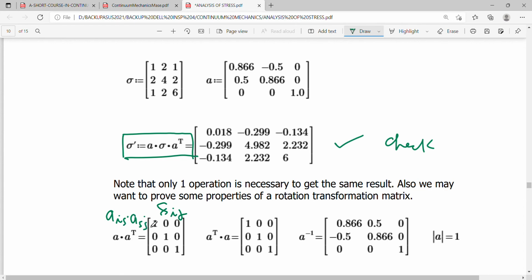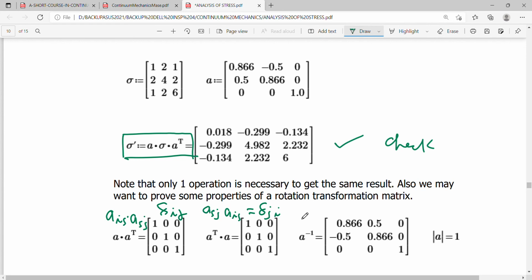Okay, A I S, A J S will result to a delta IJ. So S and S will collapse. So this will be a delta IJ. And vice versa. So we can say that A S J multiplied to an A S I will also be a delta Ji. Okay, but delta Ji and delta Ij are just the same. And take note also the inverse.